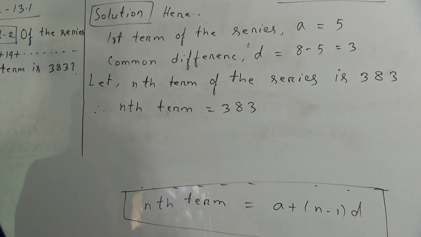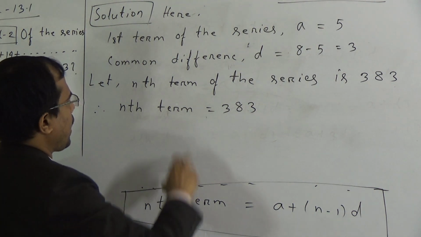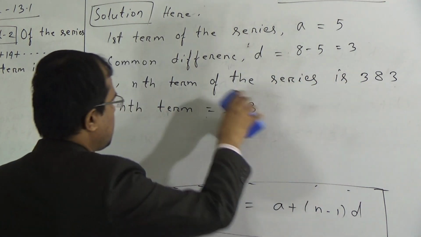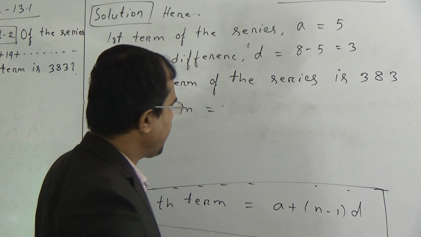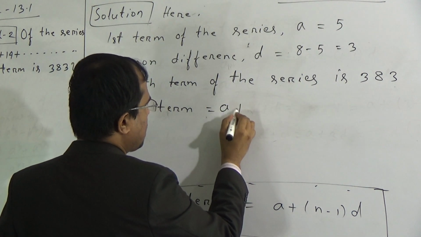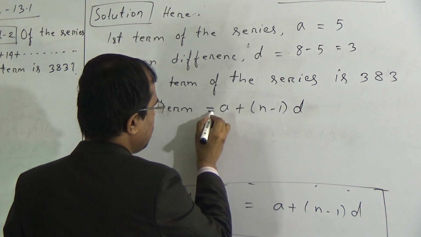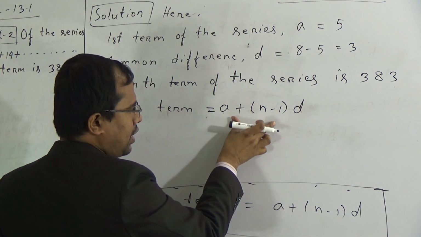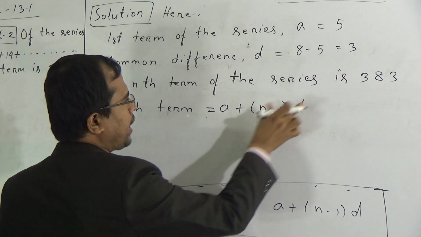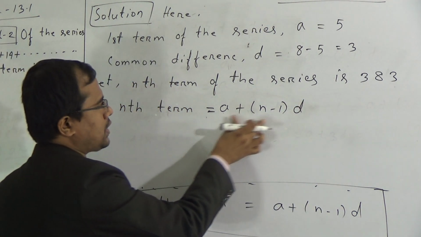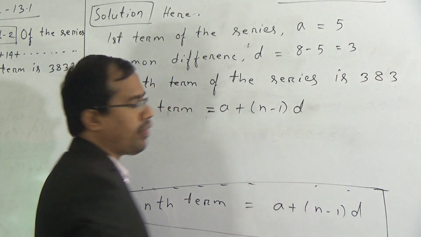Since we have supposed that the nth term is 383 and nth term, using the formula, we can write a plus n minus 1 into d. So nth term is a plus n minus 1 into d, again nth term is 383. So as per the question we can write a plus n minus 1 into d equal to 383.